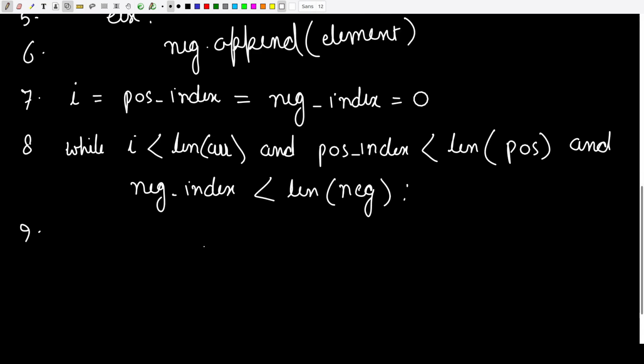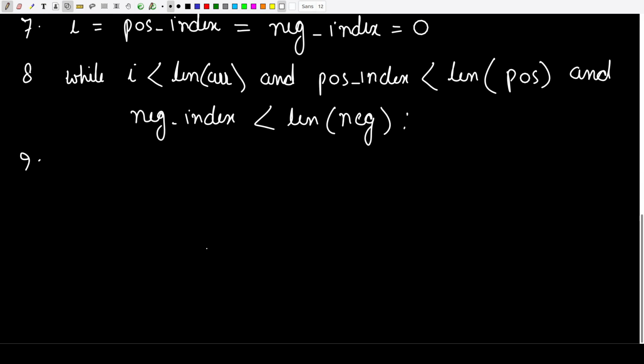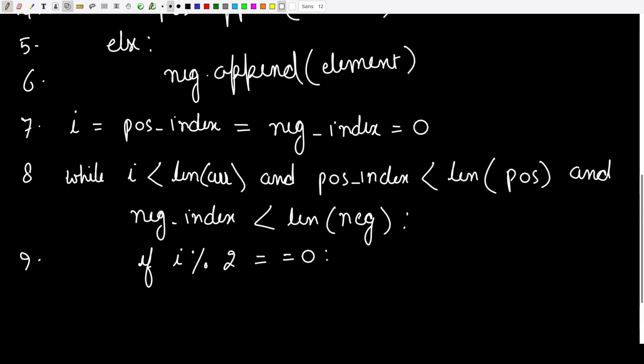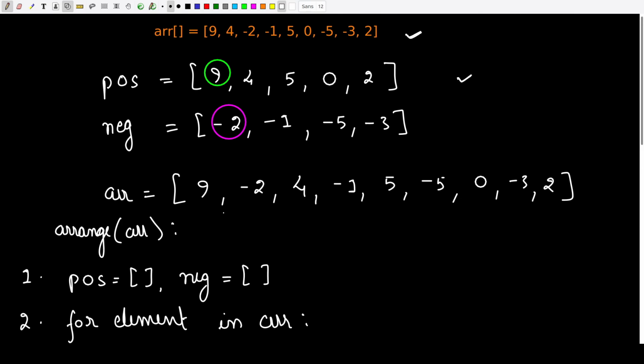Now let us iterate over positive and negative elements and keep pushing them into our array. We check if i modulo 2 equals 0. On the even position, if you see this example, we have positive elements.